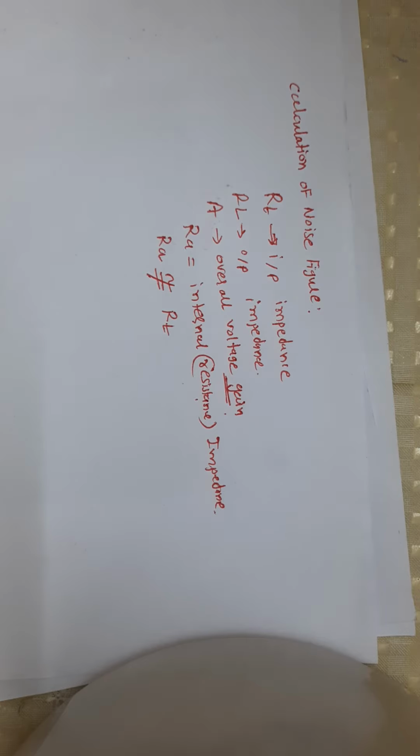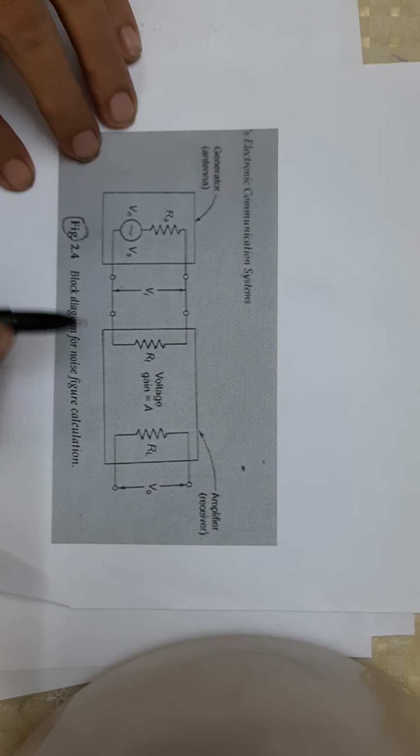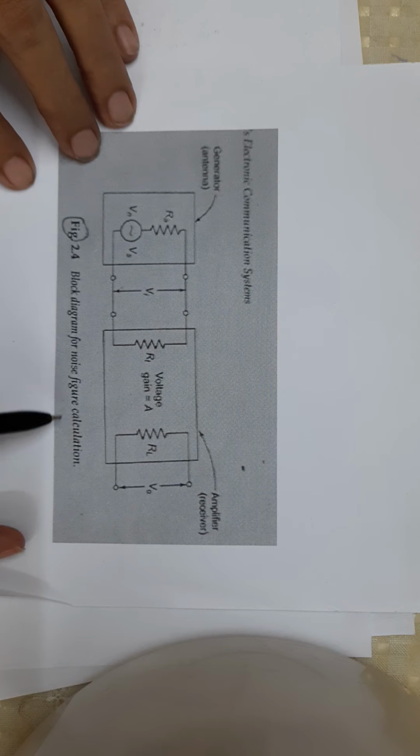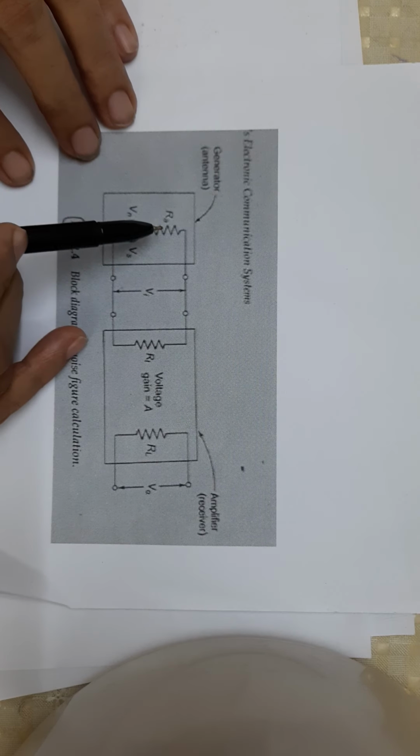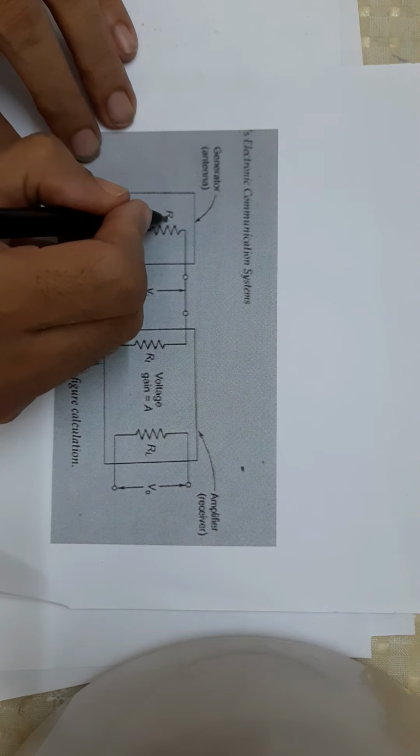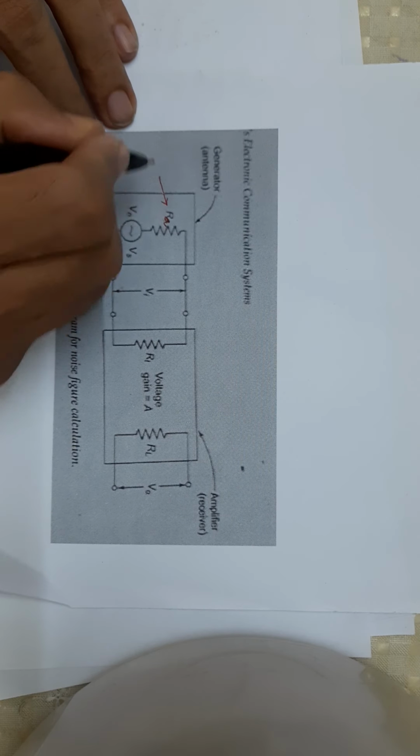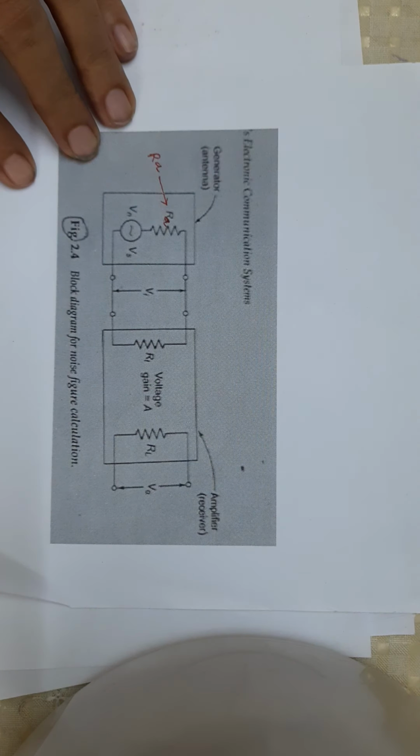As a circumstance is given, the block diagram of such a four-terminal network is as shown in the figure. This is the block diagram for noise figure calculation. This is your RA, the source internal impedance.